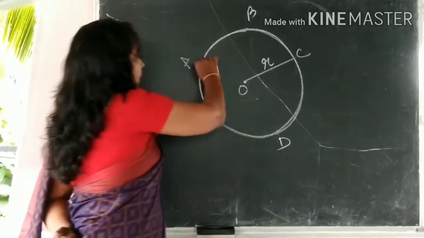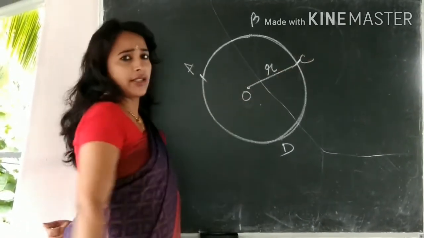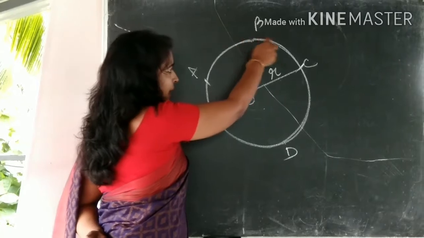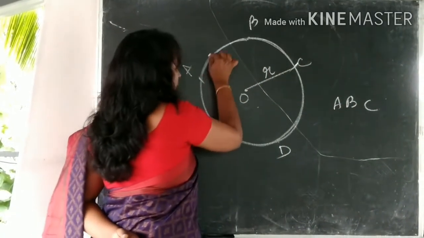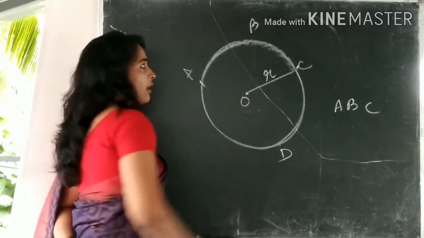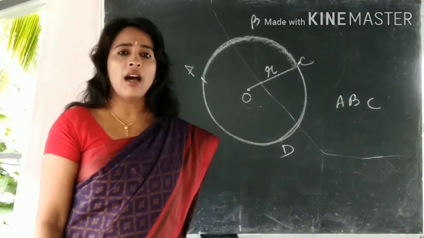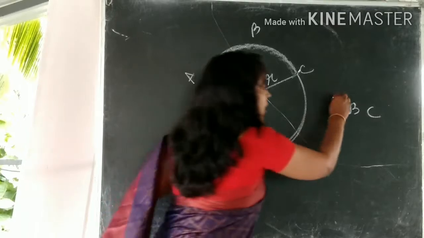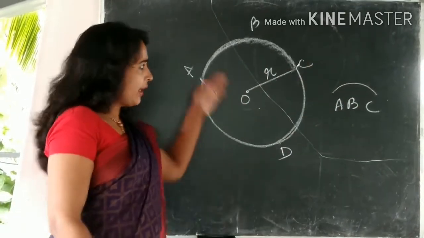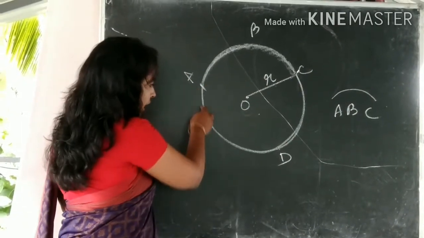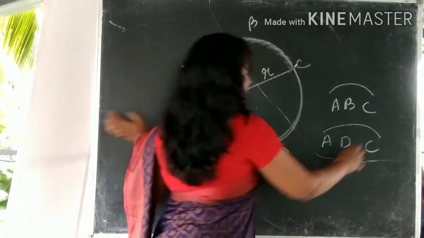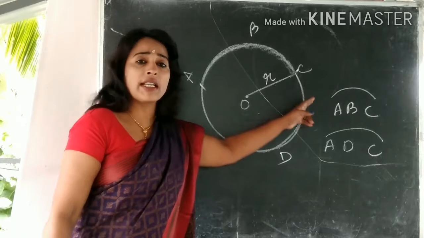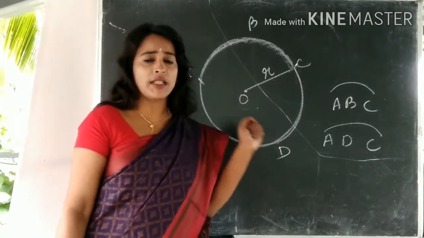Now if I take a part of the circumference, okay, ABC, this part of the circle is called the arc. So arc ABC. And now the other part, ADC. So the part of the circumference is called the arc of the circle.